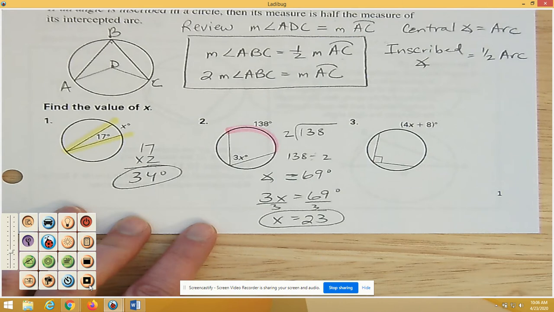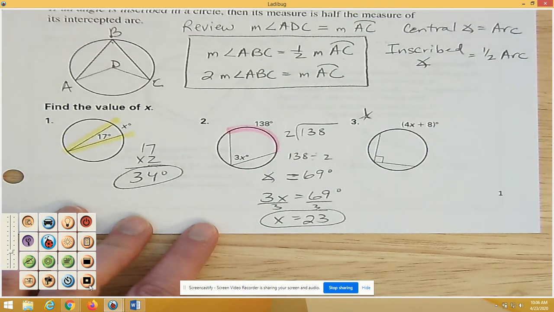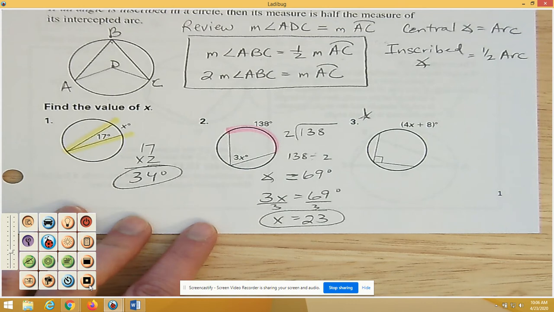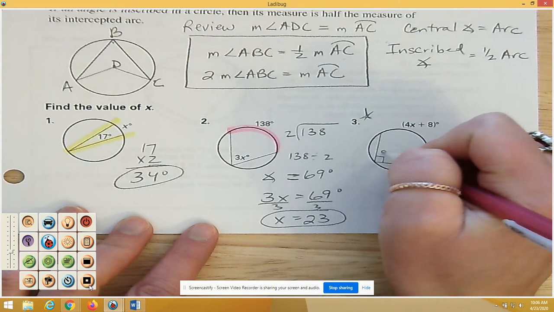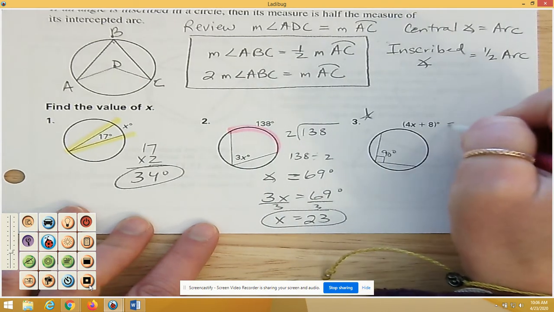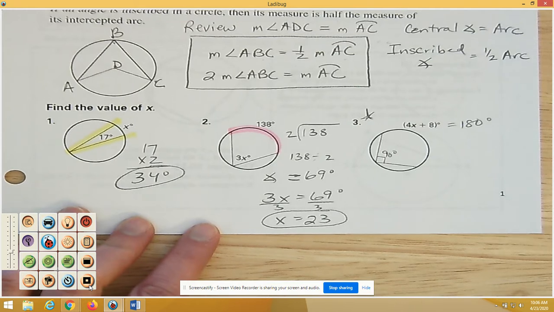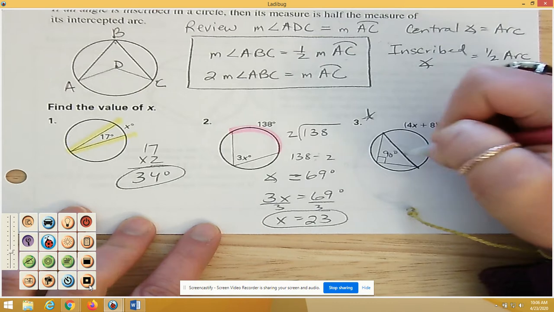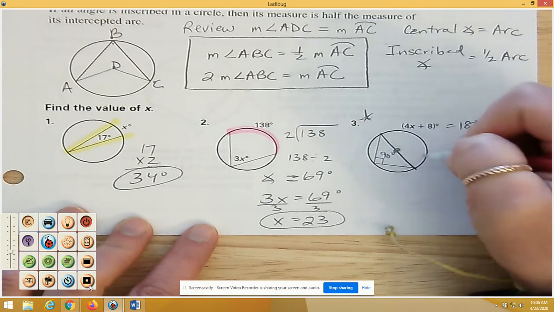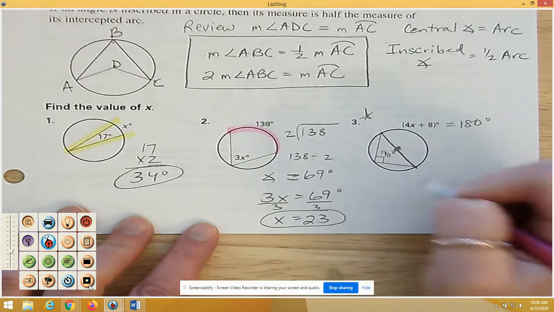Okay, and then in number 3, this is an important question because we're going to be doing a theorem pertaining to this one in just a couple minutes. So this is a right angle. If this is 90 degrees, I'm going to double it, and that means this is 180 degrees. So those right angles are actually pretty handy. And wow, if it's 180 degrees, that means this would form a semicircle. And we're going to have a rule about that in just a minute.